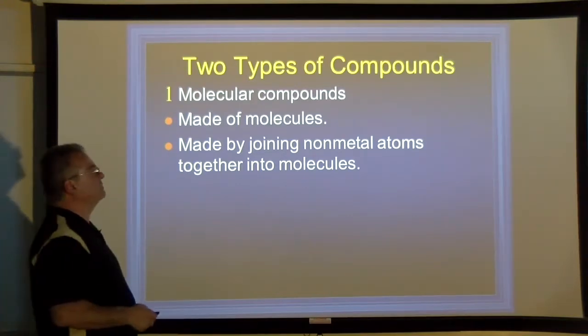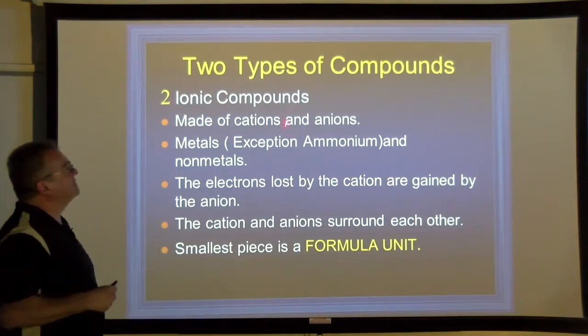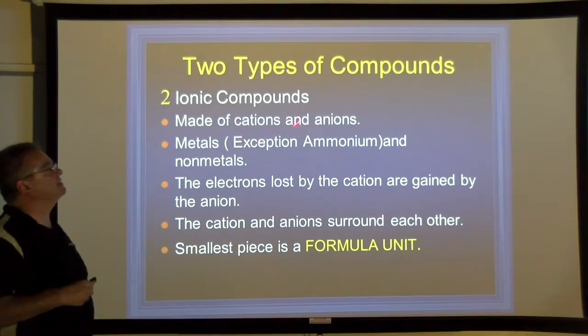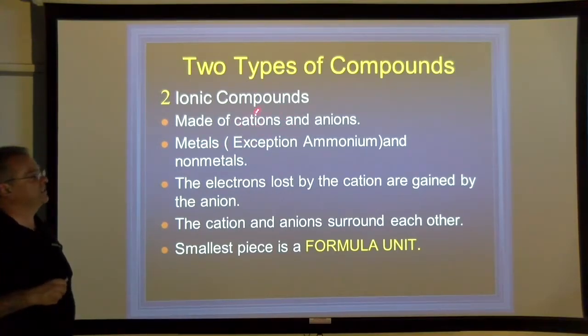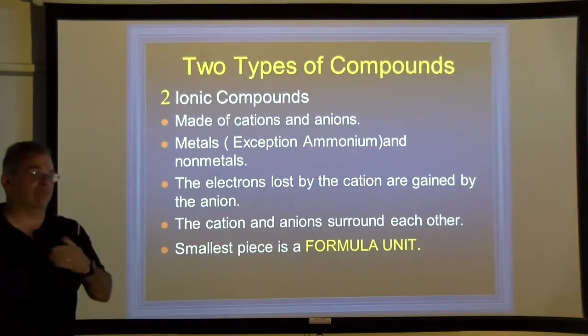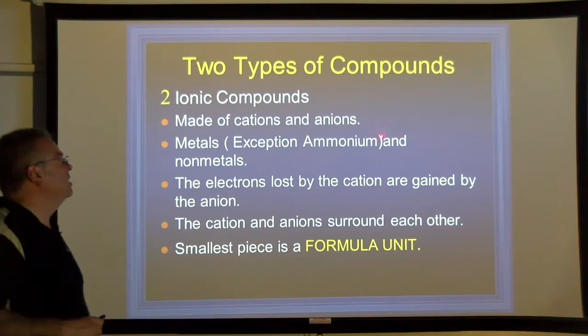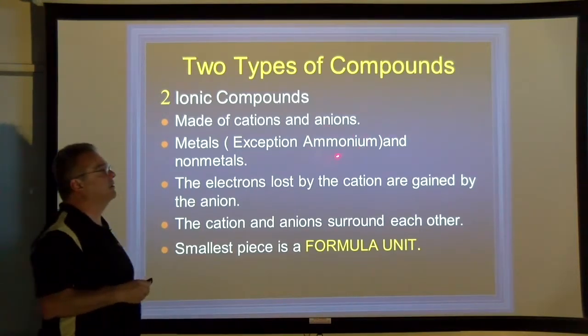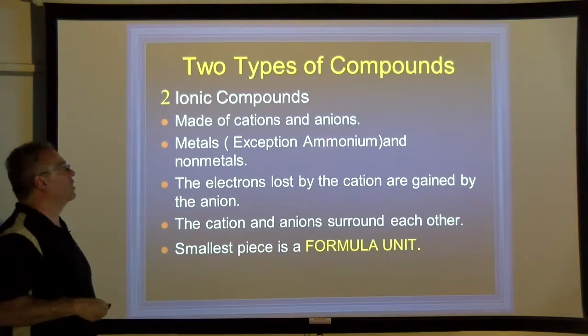The second type of compound we'll be discussing is made up of cations that are metals. There is an exception to that rule: the famous polyatomic ion, the ammonium ion, which is a non-metal combination of atoms that has a +1 charge.